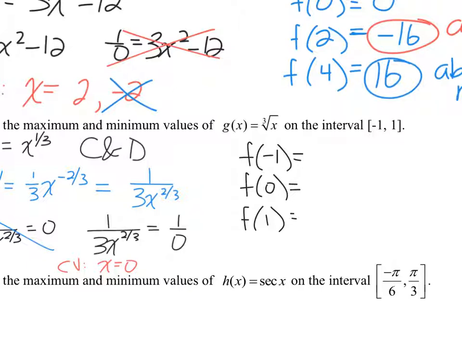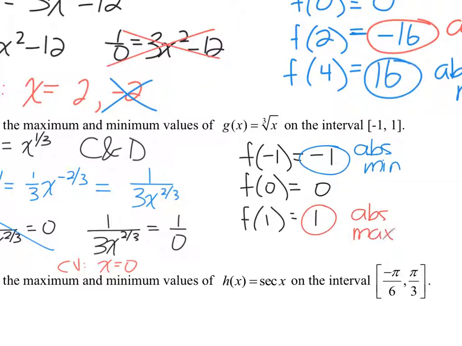So -1 gives you a -1, 0 gives you a 0, 1 gives you a 1. The lowest of these values is your absolute min. The highest is your absolute max. And so it seems as though the 0 didn't really play any kind of role within this situation one way or the other.